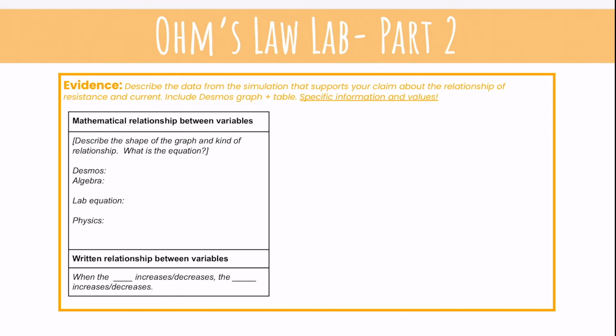And then the evidence. I just went through the evidence for Desmos, right? So it was y1 squiggle k over x1, and then the algebra equation was y is equal to k over x, and then the lab equation for myself was current is equal to 9 volts divided by resistance, which leads us to our equation of I is equal to V over R. All right, and then the same thing here.